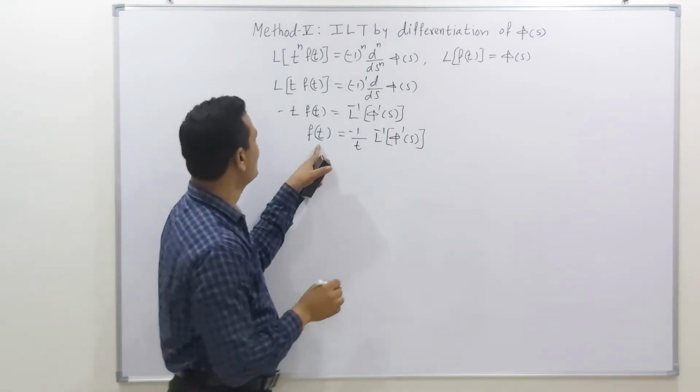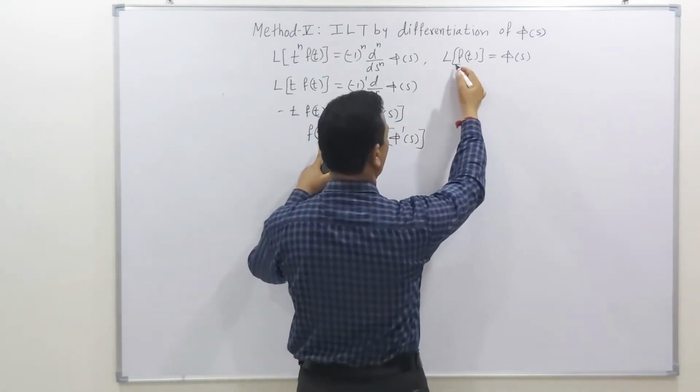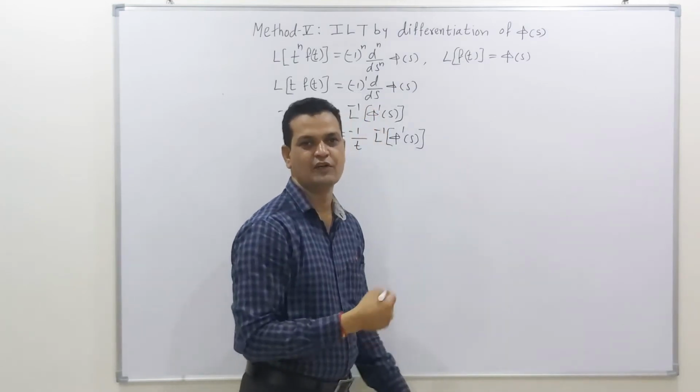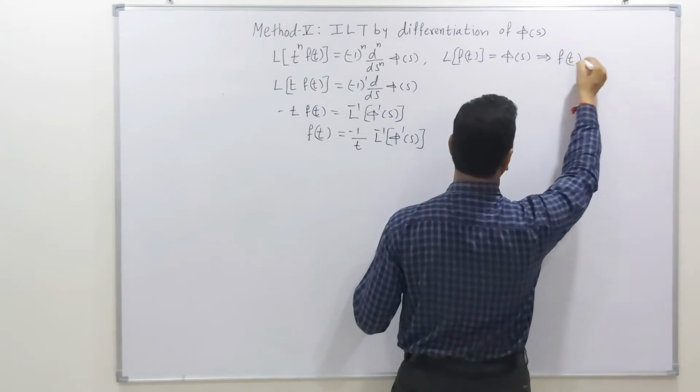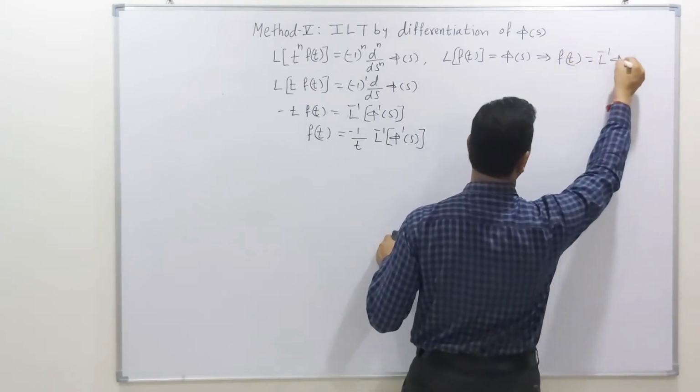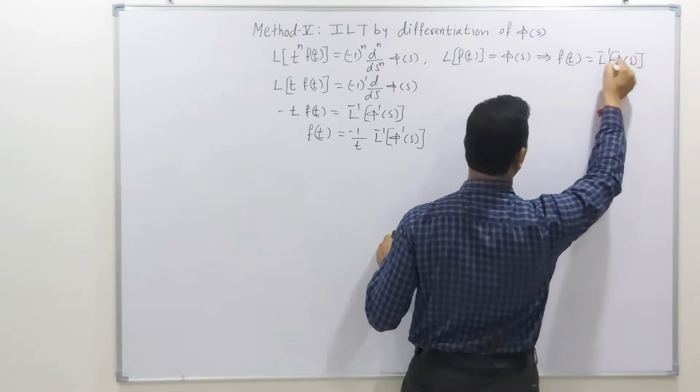From the earlier equation we know that the Laplace transformation of f of t is equal to phi of s, so we can directly write f of t is equal to the inverse Laplace transformation of phi of s.